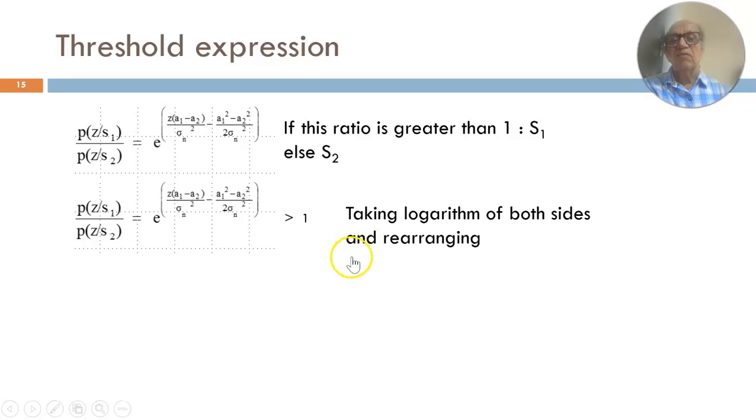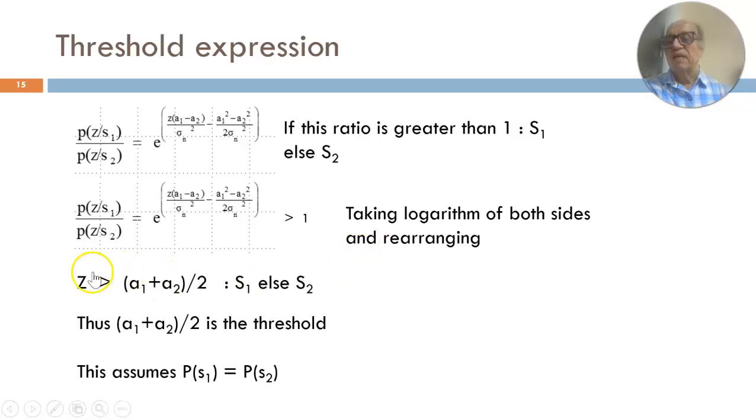So taking logarithm of both sides and rearranging, we get our threshold, that is Z is greater than (A1 plus A2) by 2, then S1 else S2. Thus (A1 plus A2) by 2 is the threshold, but this assumes that P(S1) is equal to P(S2), that is, your source distribution is uniform.